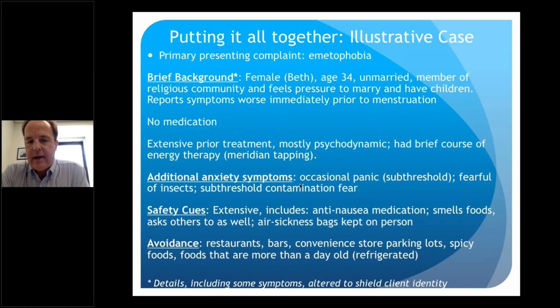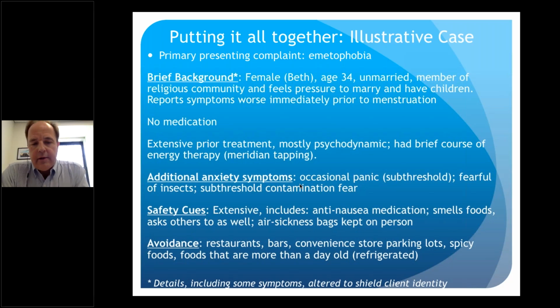I should add to this that during the course of her emetophobia, she never had to use her anti-nausea medication, nor had she had to use her air sickness bags. So these things have stayed with her long enough. The anti-nausea medication she reported usually expired and then would have to get renewed, but never had used it.